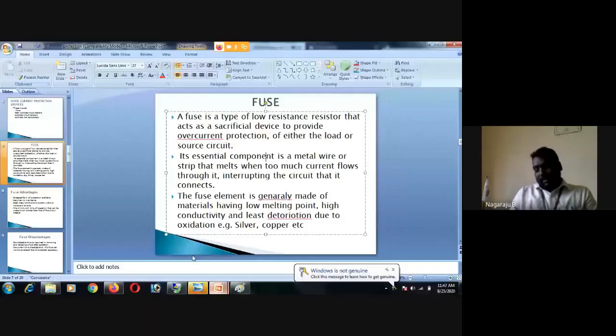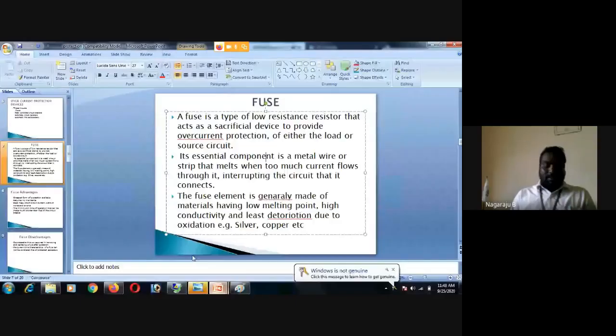The rating is capable of high interrupting and a large range of current carrying ratings. It is applicable not only for distribution but also for transmission and subtransmission levels.